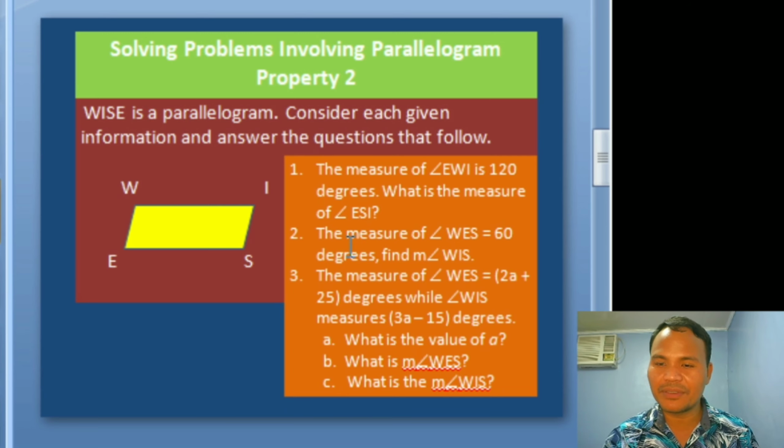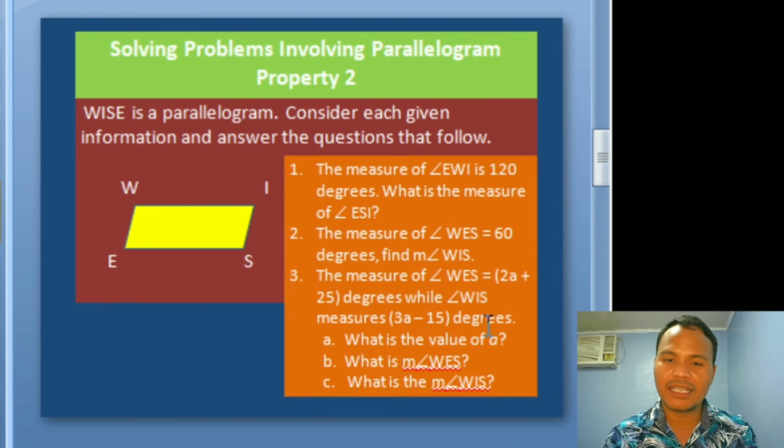For number 2, the measure of angle WES is equal to 60 degrees. Find the measure of angle WIS. For number 3, the measure of angle WES is equal to the quantity 2A plus 25 degrees, while the measure of angle WIS is the quantity 3A minus 15 degrees.